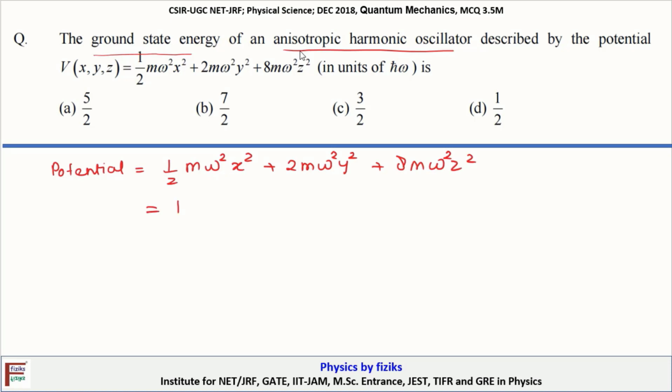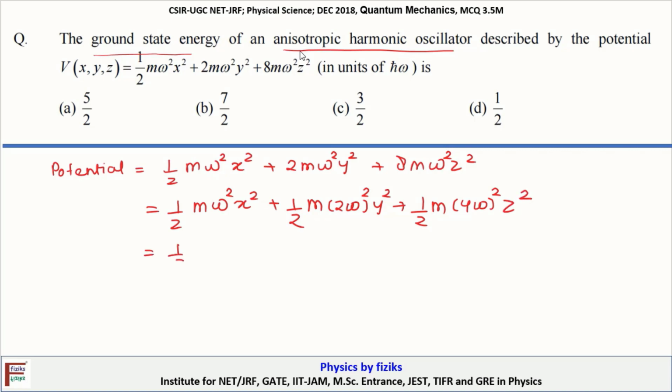Now we will write this in terms of an isotropic oscillator, that is 1/2 m omega square x square plus 1/2 m into 2 omega square y square plus 1/2 m 4 omega square into z square.